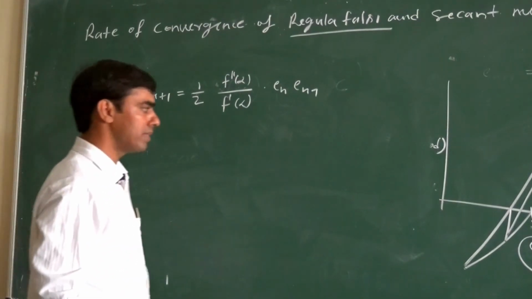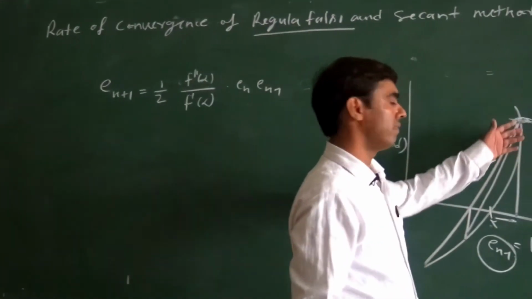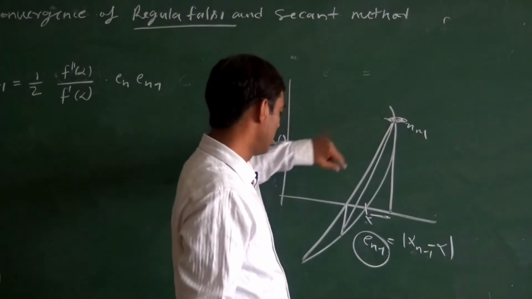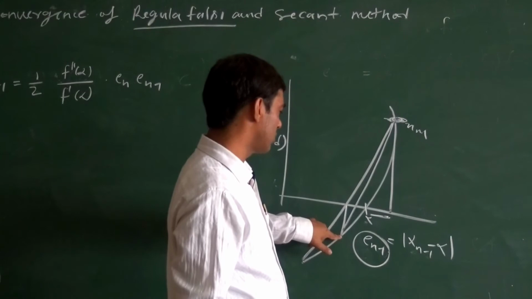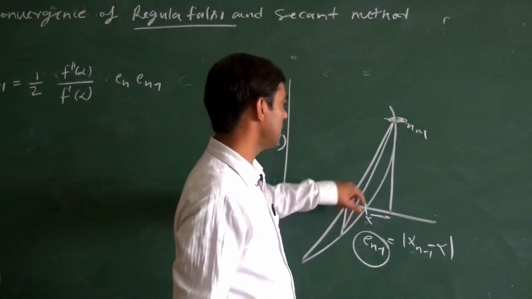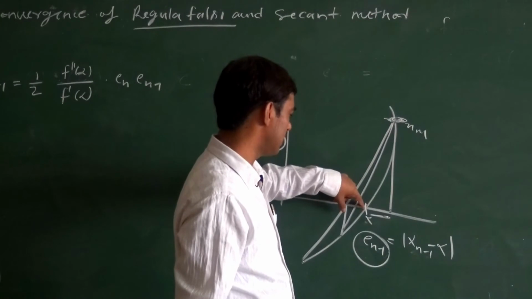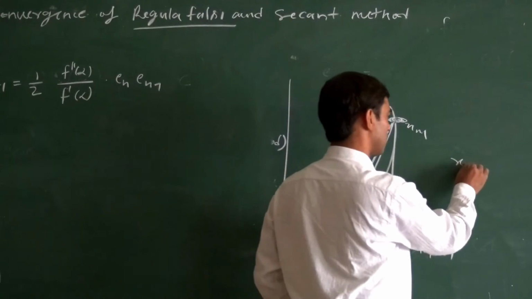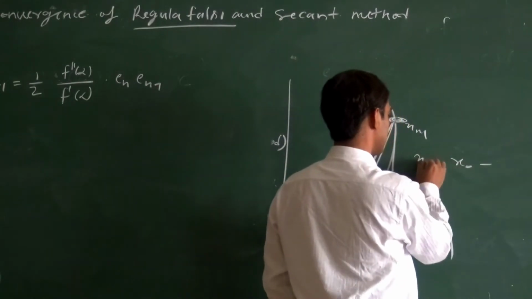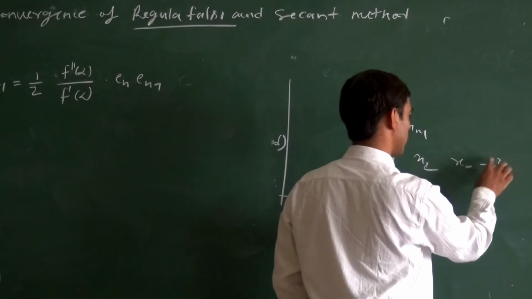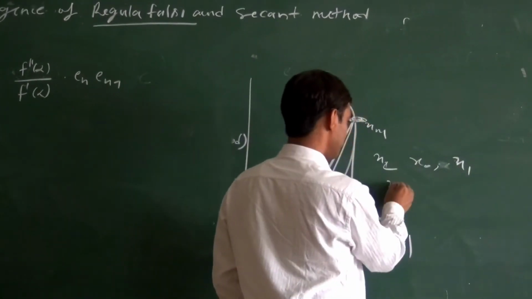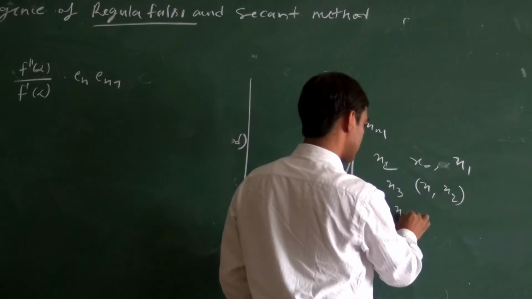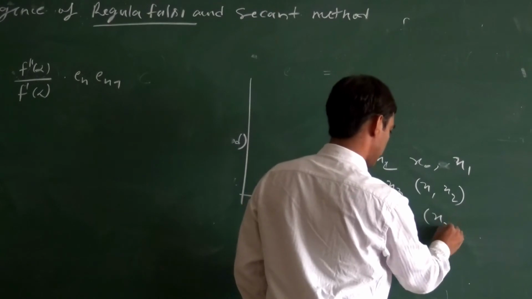So in the secant method what will happen? Both ends will vary. If this is x0, x1, in the next iteration we find x2, then x3 from x2 and x1, then x4 from x3 and x2. First from x0 and x1 we find x2, we find x3 with the help of x1 and x2, and x4 with the help of x2 and x3.